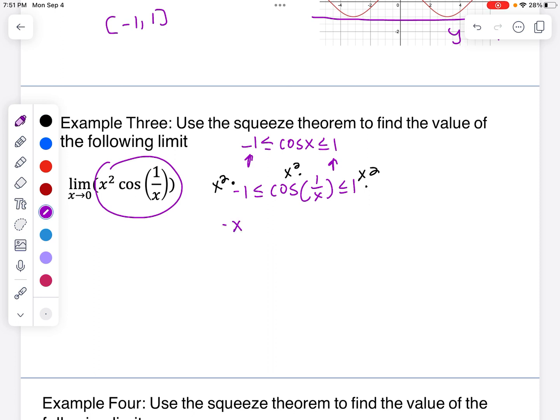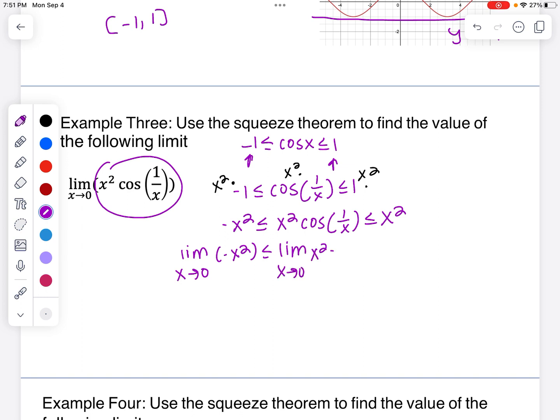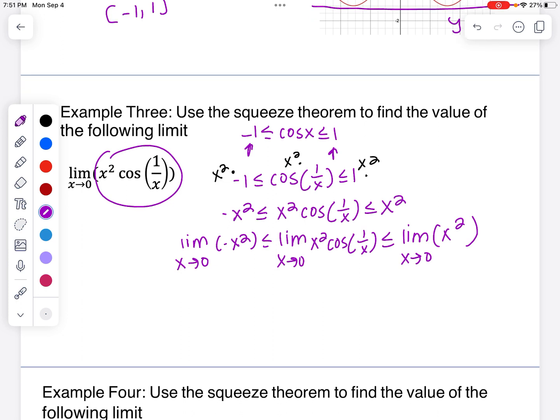So I'll get negative x squared is less than or equal to x squared times cosine of 1 over x, which is less than or equal to x squared. Notice that this expression in the middle now matches what we started with. Say I was going to find the limit of these things. I can't plug 0 into the middle, we already knew that.